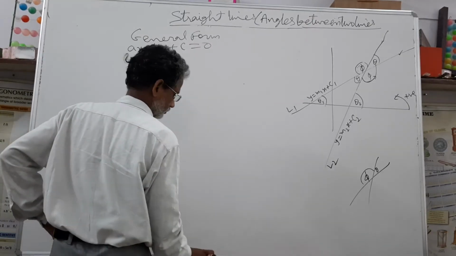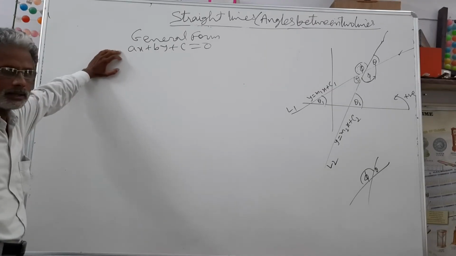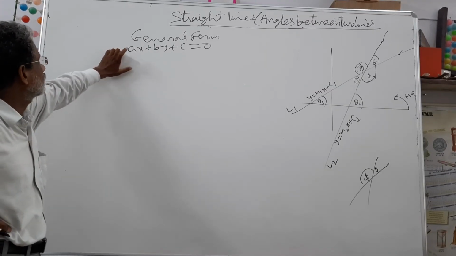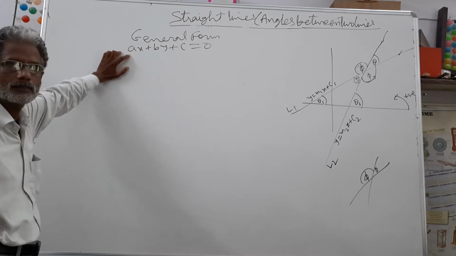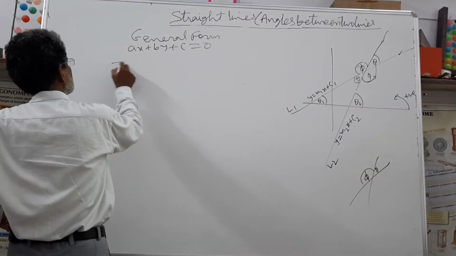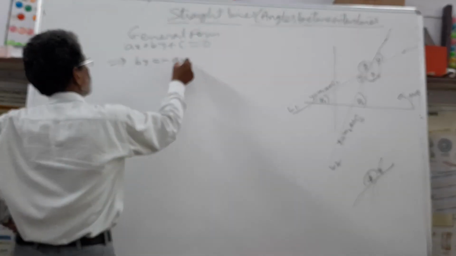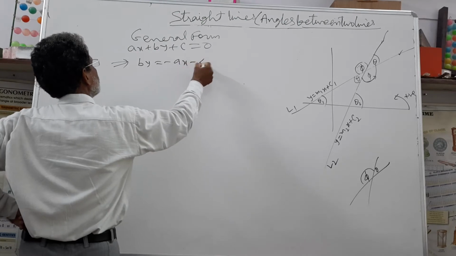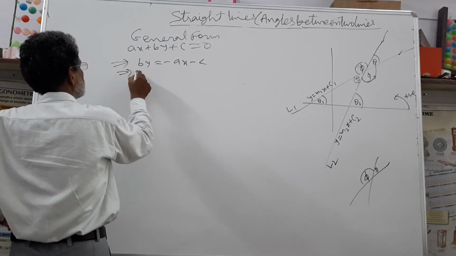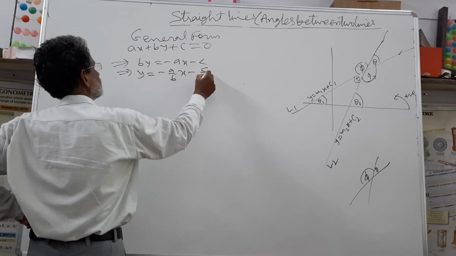Suppose we are required to find a line which is parallel to this line. Change this line into slope form. This implies by is equal to minus ax minus c. This implies y is equal to minus a by b x minus c by b.